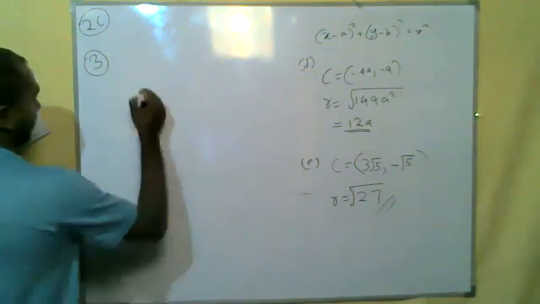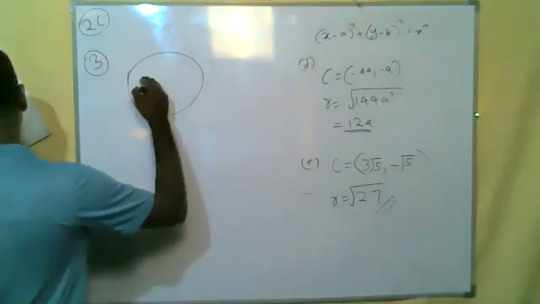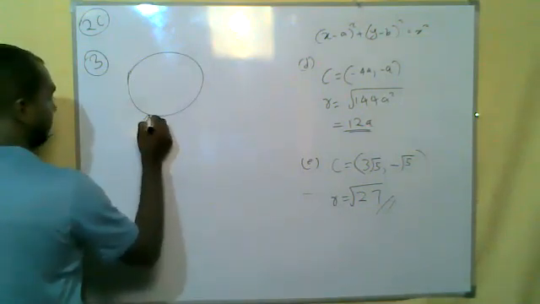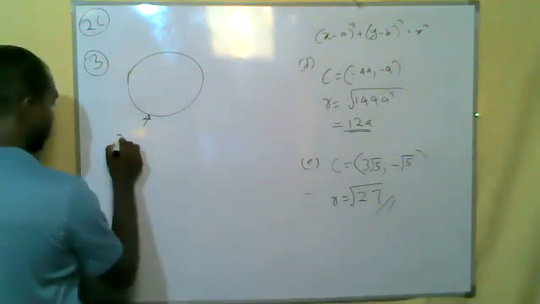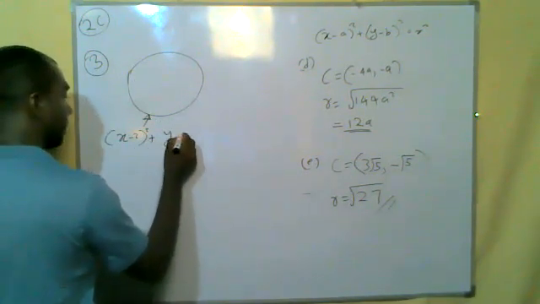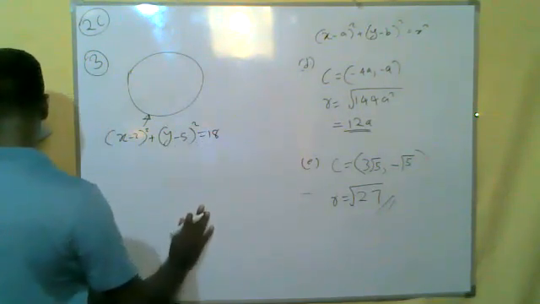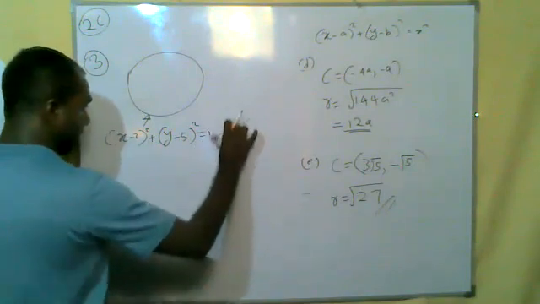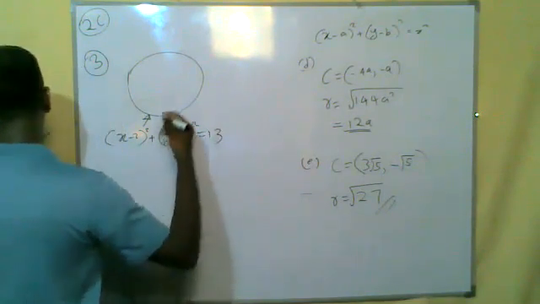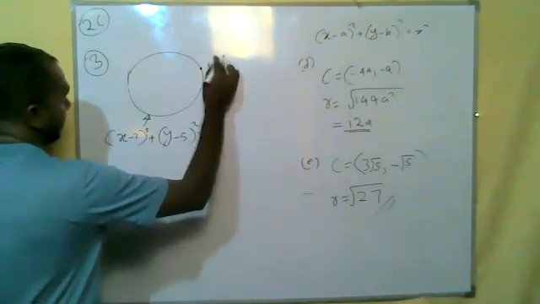What is the first equation? They are saying the equation of the straight line is what? Sorry, not the straight line. The circle is (x minus 2) to the power 2 plus (y minus 5) to the power 2 equals 13. And they are asking that the point (4, 8) lies on the circle.